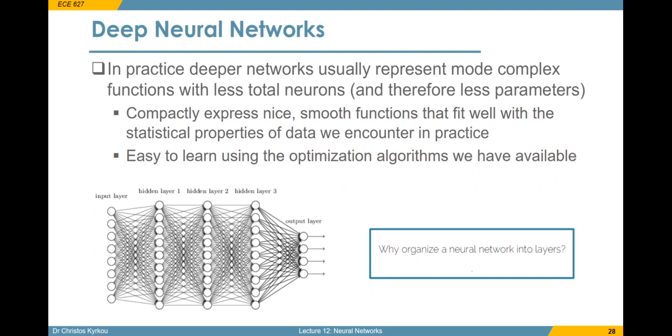And the optimization tools that we have can be used with deeper networks and have been found to be really successful when applied to deeper networks. And as we will see in the next lectures, deeper networks essentially capture the compositionality of the data. So the world is compositional. Everything is made up of smaller parts. And this is a property that deep neural networks are able to capture.